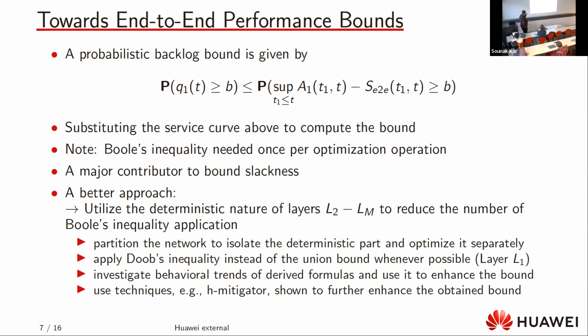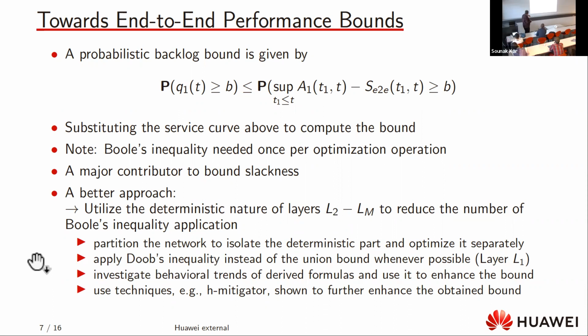So, and this way maybe we can reduce the use of the union bound. So first, to do that, what we can do is basically partition the network and isolate the deterministic part and optimize it separately. And then we try to apply the Doob's inequality whenever it's possible instead of the union bound, because Doob's inequality is proven to be tighter than the union bound.